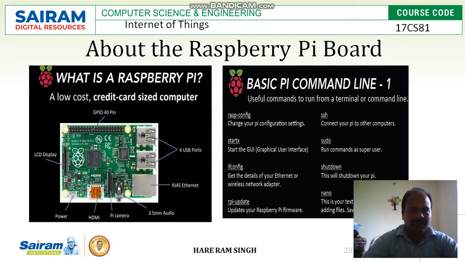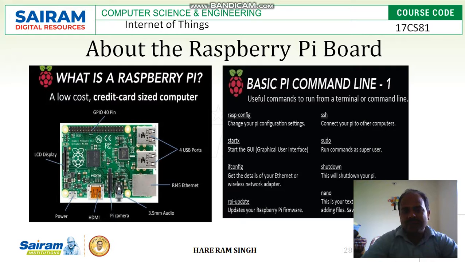Whatever a normal computer does, so many things it can also do with a minimum size one. It has so much potential. We can do so many projects using this Raspberry Pi with different technology.